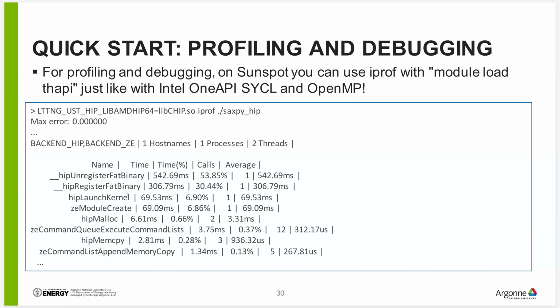We've decided against doing that in the chipStar project because we are not AMD, and also we didn't want any application linking with us mistakenly. So we renamed our library libchip. You need to tell iProf that it's going to trace libchip, but then you can run your SAXP heap example, and it will show you the commands.